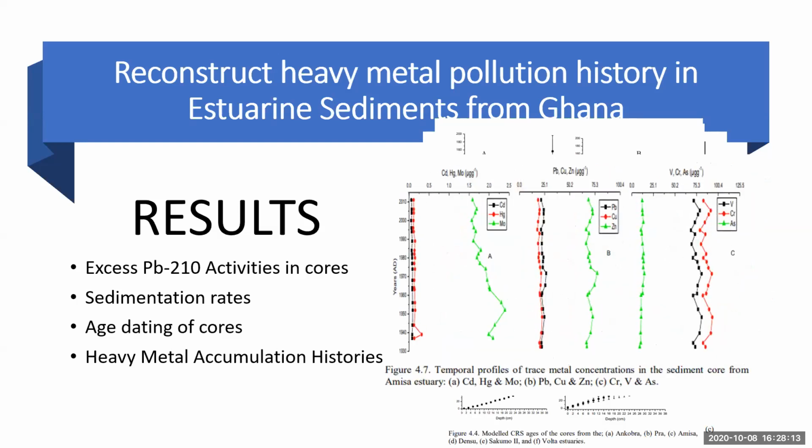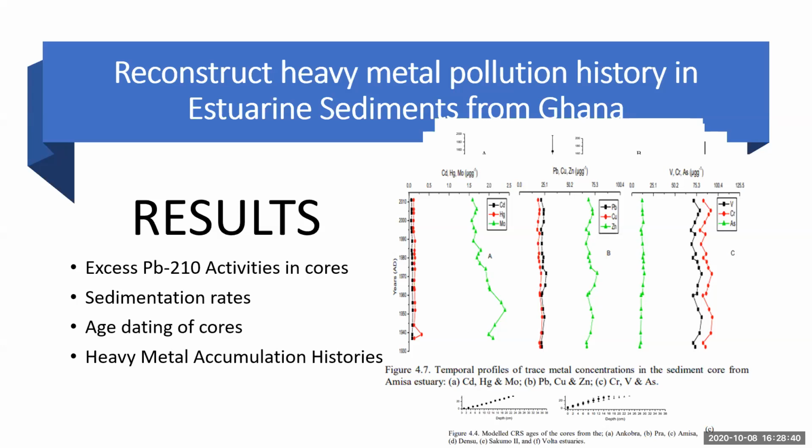And then coming to the central coast, we saw a decrease. So gradually, as we move from the west to the east, we saw a decrease in the level of arsenic, but still there was a significant amount of arsenic. There was some amount of arsenic, but it's not as significant as what we found in the Ankobra estuary.